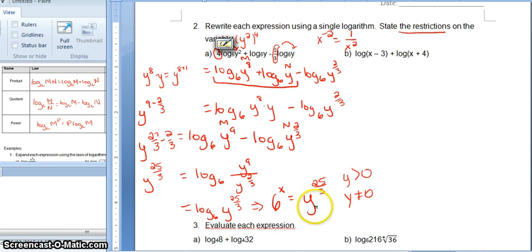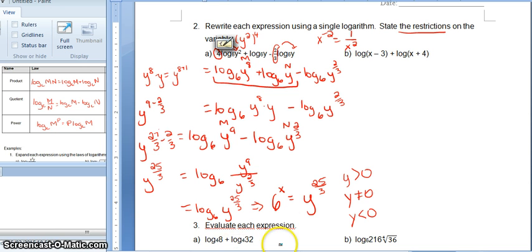Alright, so then our other possibility is what happens when y is less than 0? Is this possible? Kind of along the lines of what I was just talking about, there is no possible case where 6 times 6 times 6, however many times, will ever give you a negative.